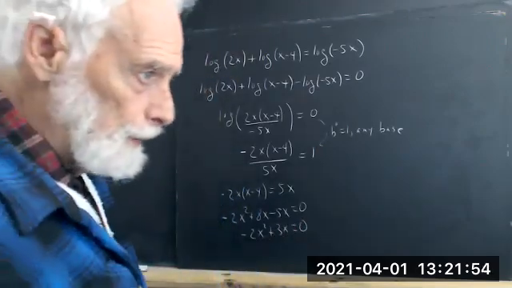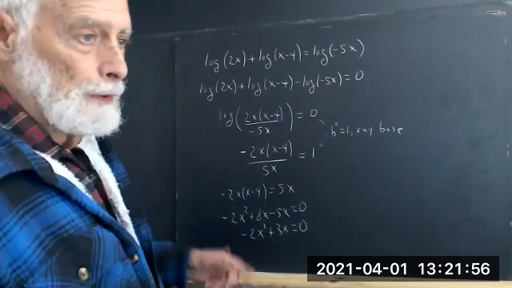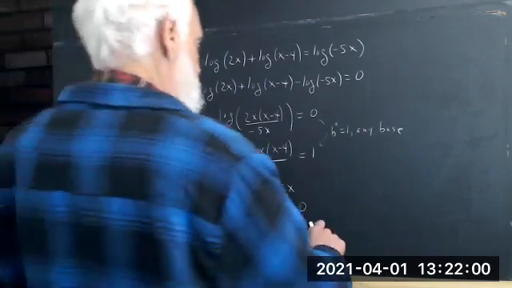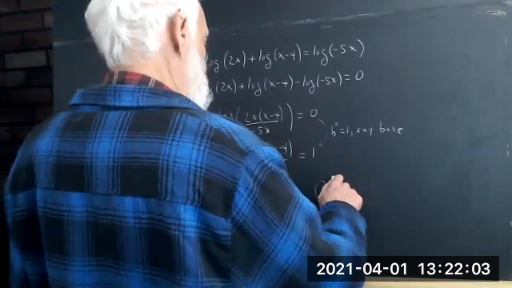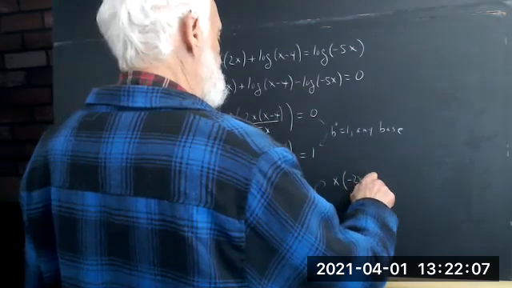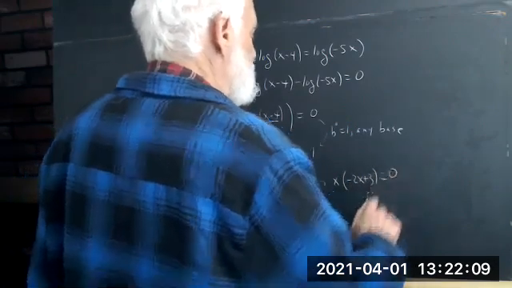It's a quadratic, but it's really easy to factor. And when you can factor in an obvious way, it's a good idea to do that. So we get x times negative 2x plus 3 equals 0.